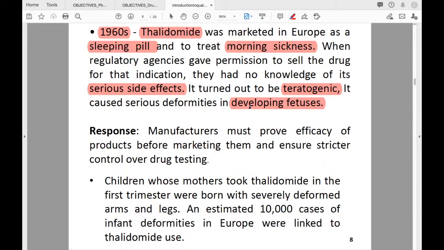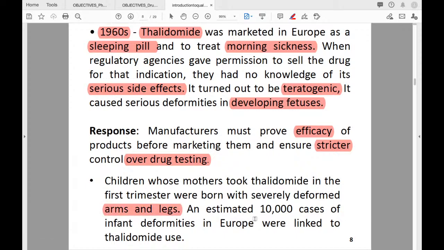So what was the response? Manufacturers producing these medicines had to prove the efficacy of their products before marketing them, and stricter control over drug testing was ensured. Drugs had to be tested properly, not only on animals but also on human beings. Children whose mothers took thalidomide in the first trimester were born with severely deformed arms and legs.